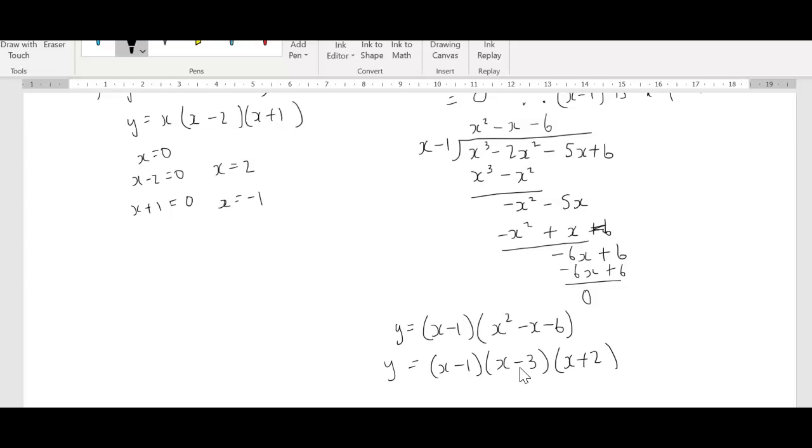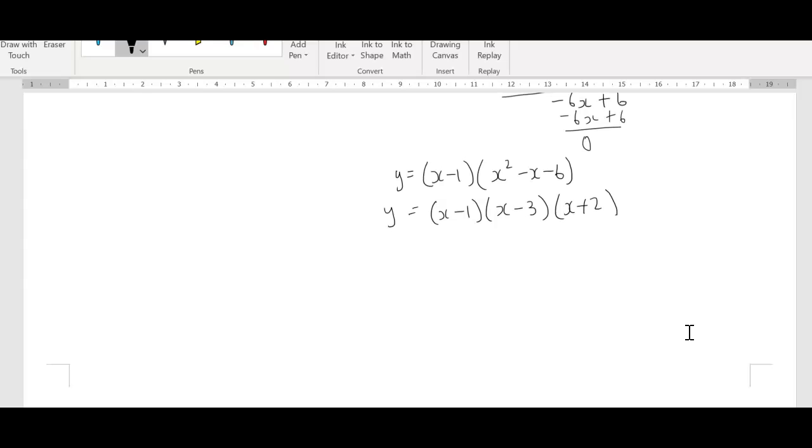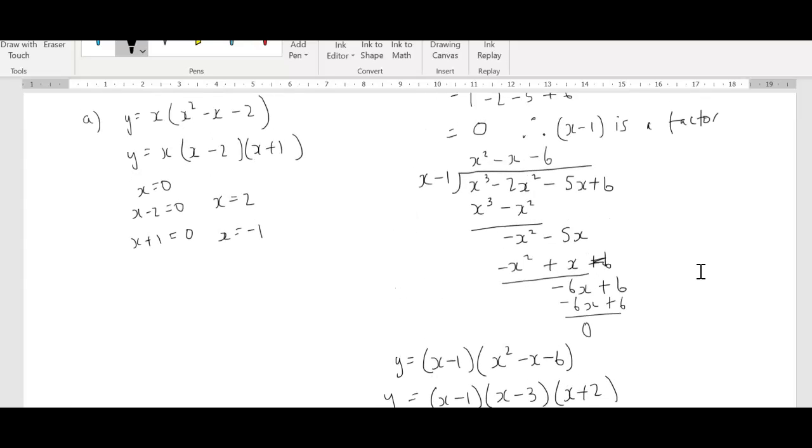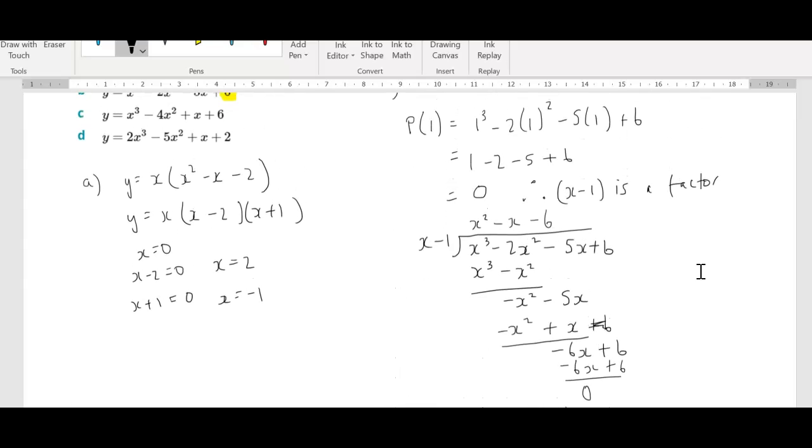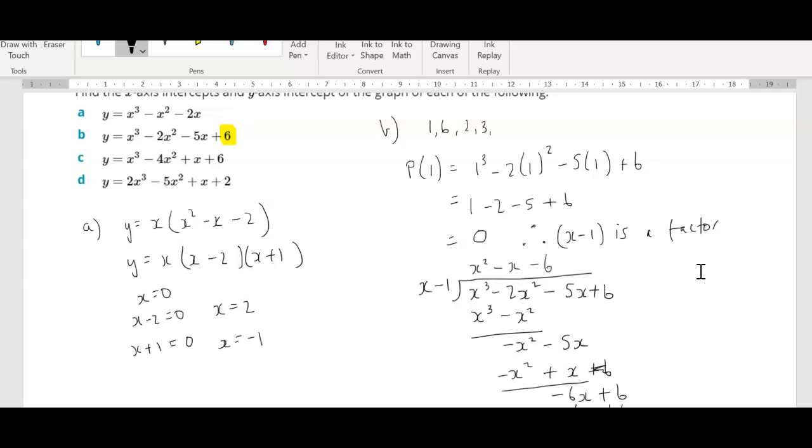All right, so I've just factorized that polynomial. So if we're looking for our x-intercepts, that means y is equal to 0. So x minus 1 equals 0, x minus 3 equals 0, or x plus 2 equals 0. So x equals 1, x equals 3, or x equals -2. So with a cubic from memory, that means it crosses the x-axis at those 3 points.